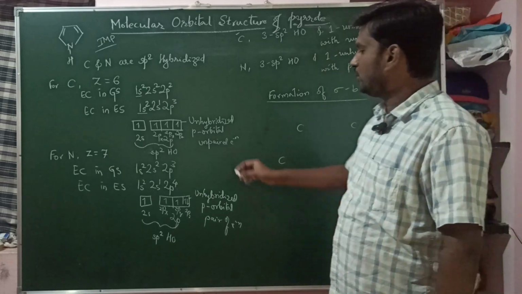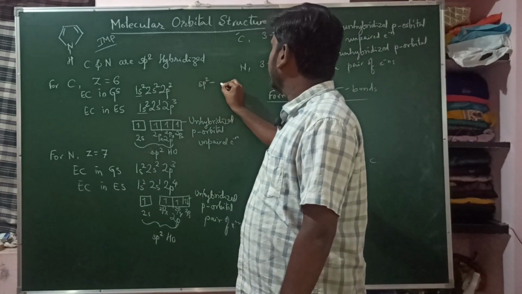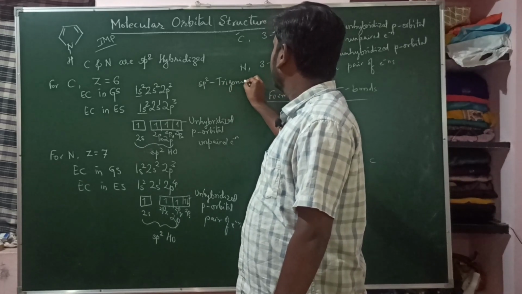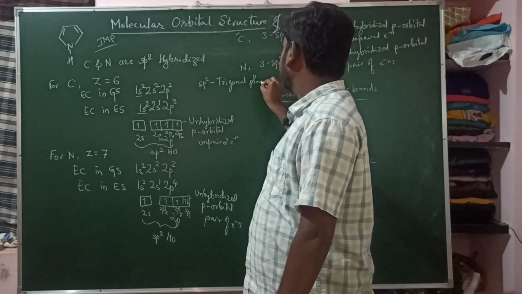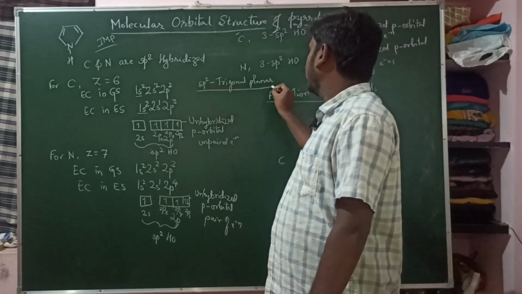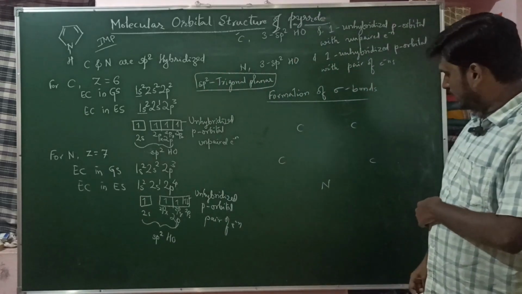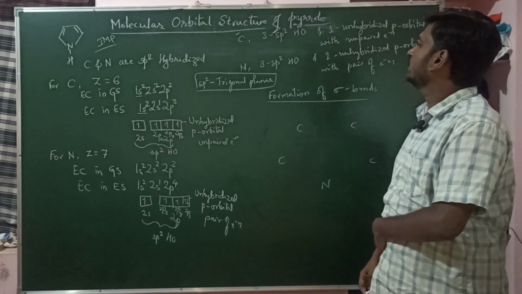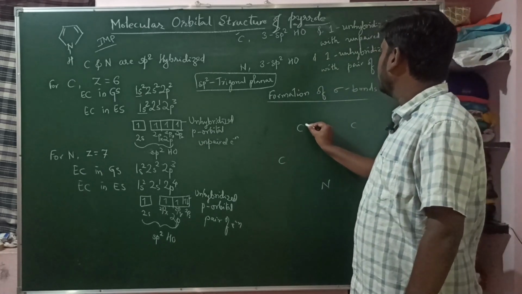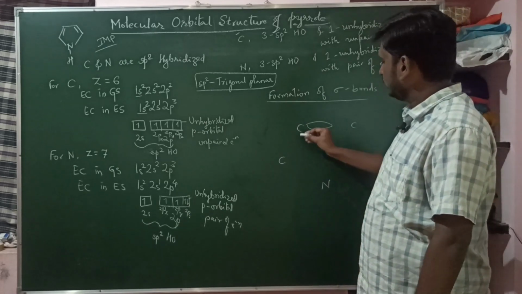When they undergo sp2 hybridization, their geometry will be trigonal planar. Please note down this geometry. Each carbon and the nitrogen have undergone sp2 hybridization, hence they have the trigonal planar geometry.